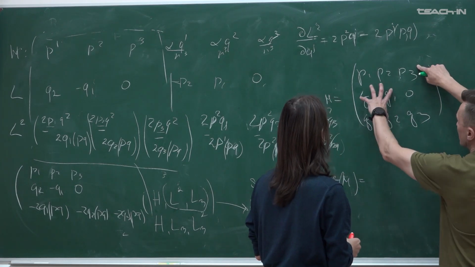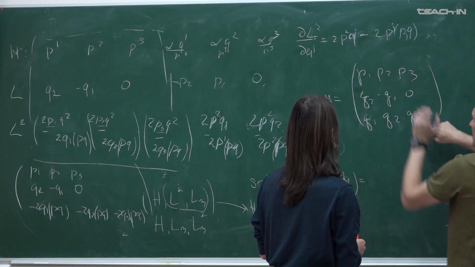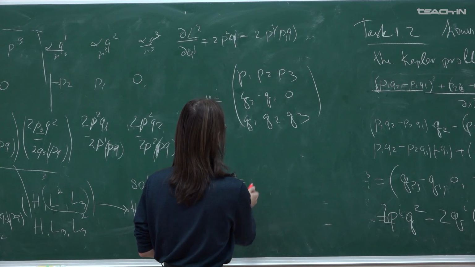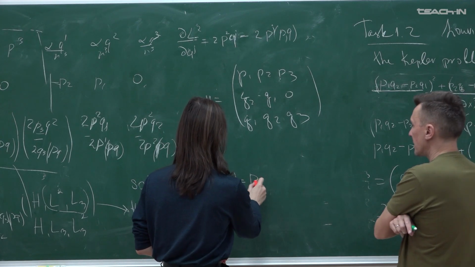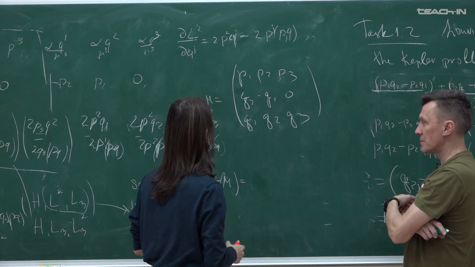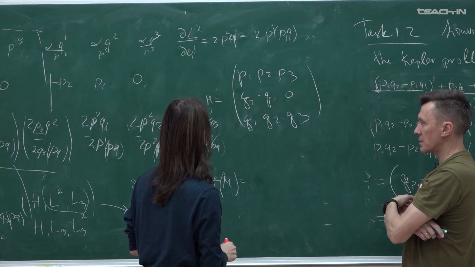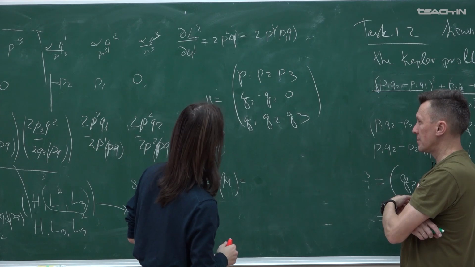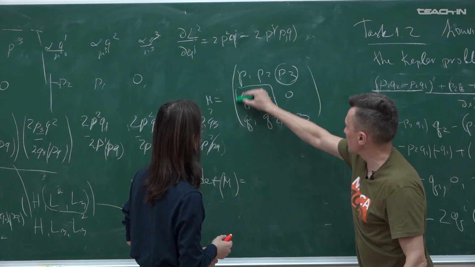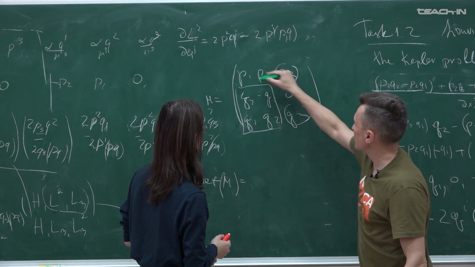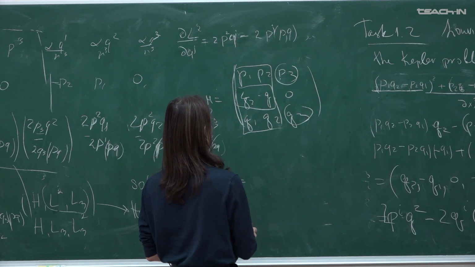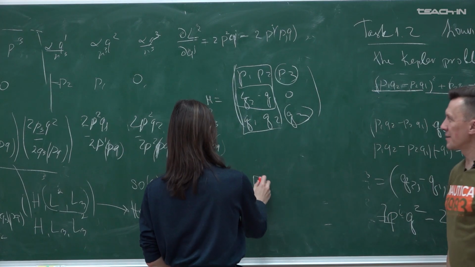So this term multiplied by this determinant plus this multiplied by this. The decomposition of the determinant with respect to the column. Then this multiplied by this plus this multiplied by this determinant, because it's zero here.